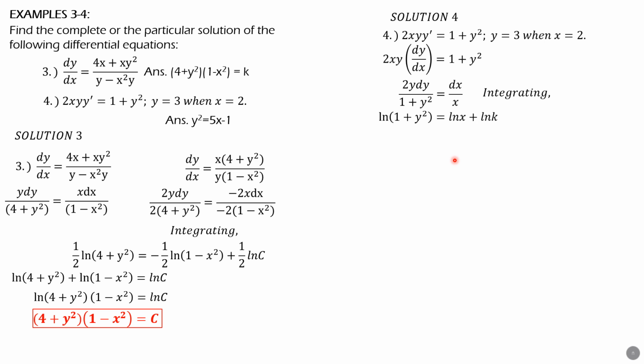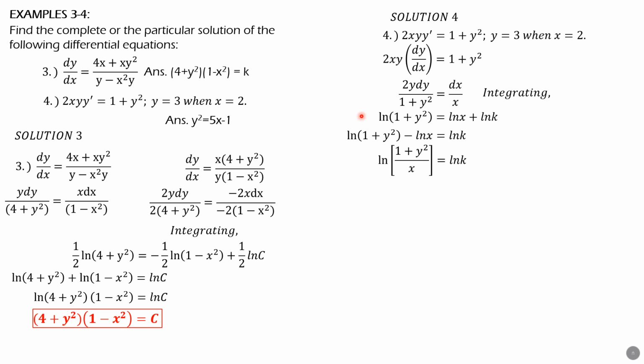Transposing ln x to the left, ln of (1 plus y squared) minus ln x equals ln of k. We write this combined as ln of (1 plus y squared) over x equals ln of k. So equating the functions, we have 1 plus y squared equals kx. Do not cancel ln, we just equate the functions.